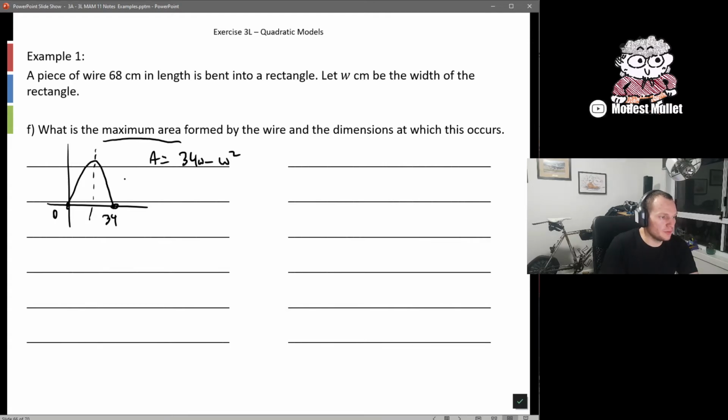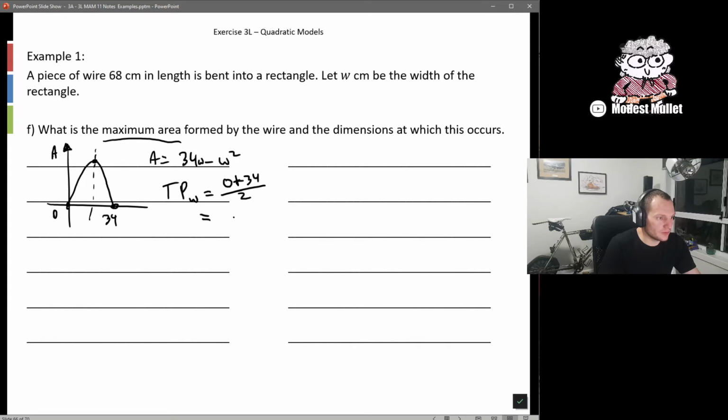The turning point, we know, is always halfway between the two intercepts. And the turning point will be the highest point it reaches. That will be our maximum area.